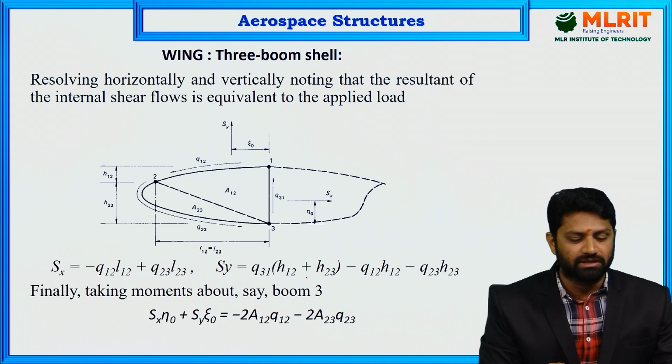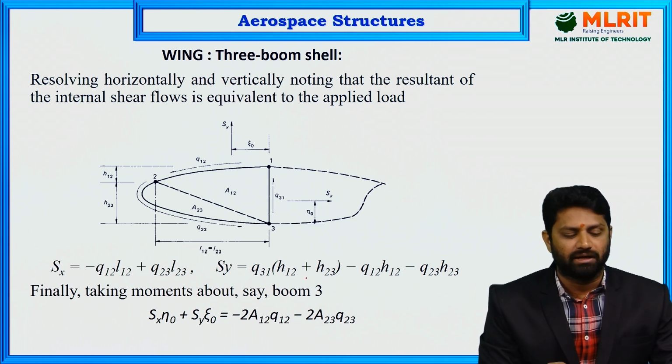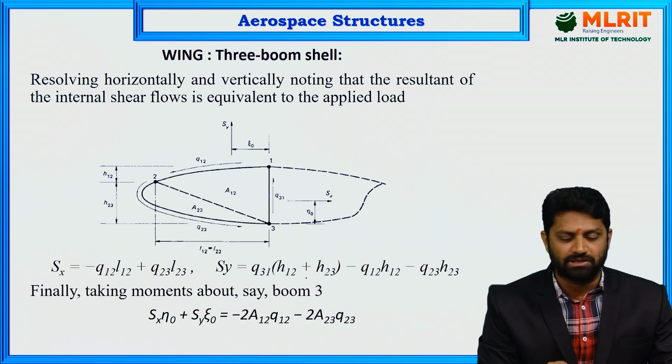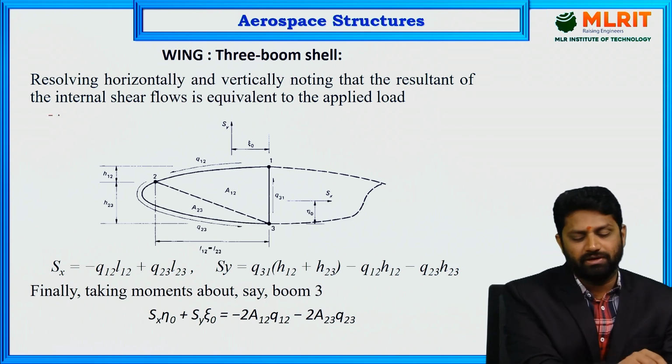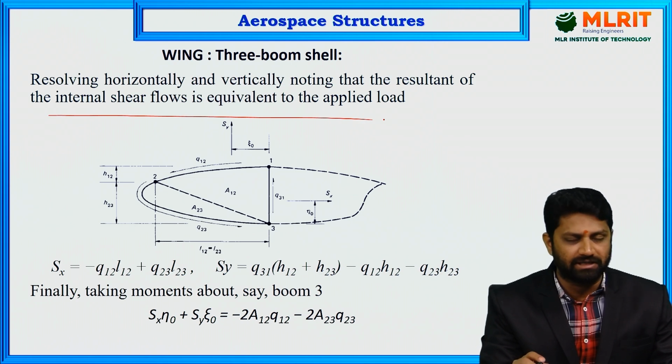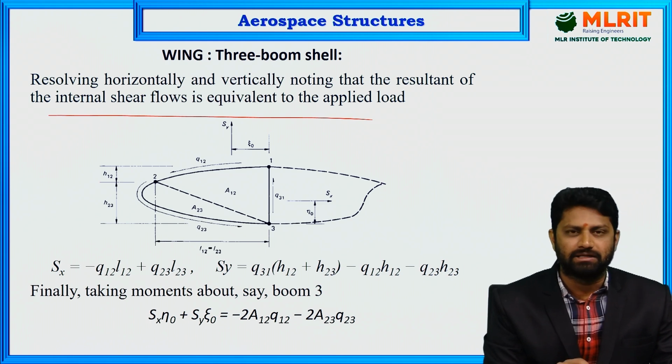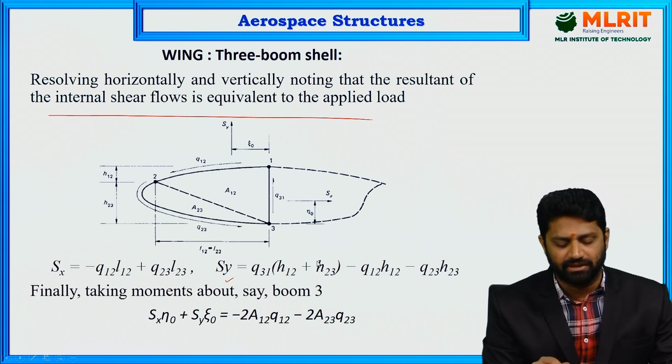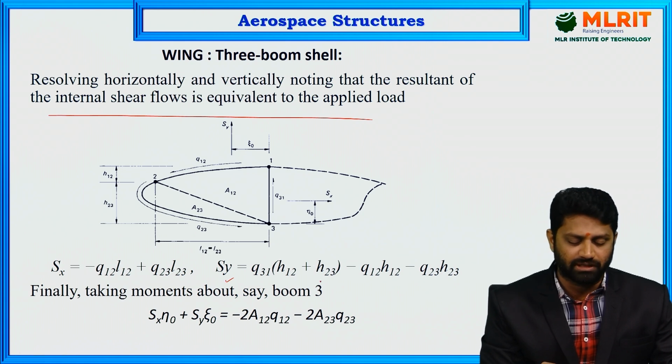Resolving horizontally and vertically, noting that the resultant of the internal shear flows is equivalent to the applied load, we take the condition that the resultant horizontal load must equal the horizontal equilibrium due to the shear flows, and similarly the resultant vertical load Sy must equal the equilibrium due to the vertical shear flows. Let's write that.